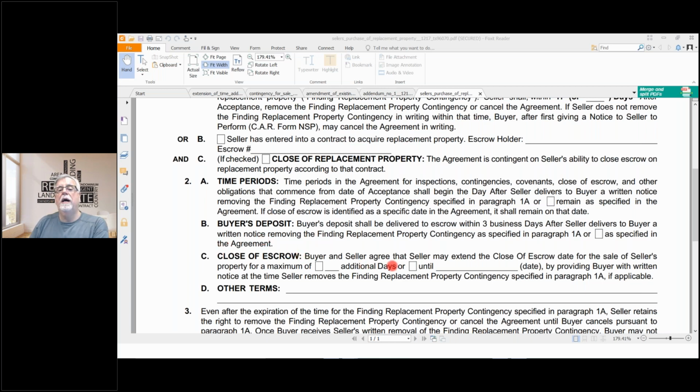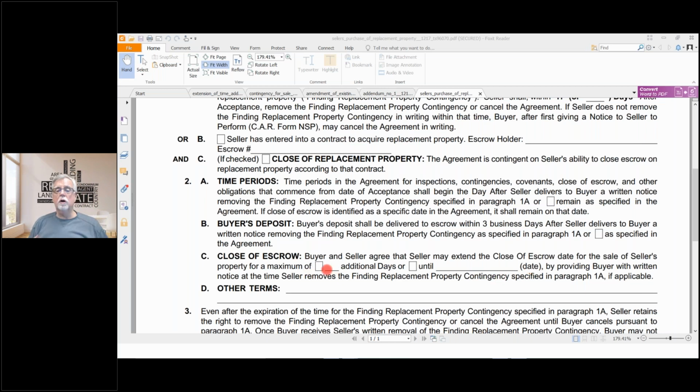Close of escrow, buyer and seller agree that seller may extend close of escrow date from the sale of seller's property for a maximum of... Right? Because sometimes getting in contract and all of that, they may need more than 30 days. You could write in an additional 15 days, an additional 10 days or 20 days, you could write in a date.